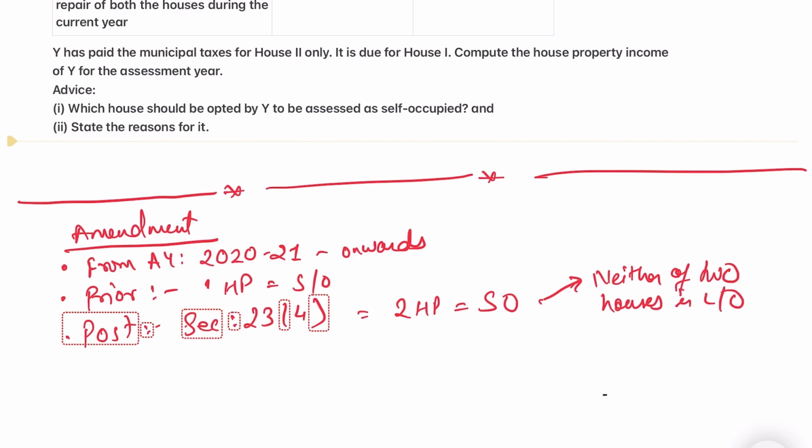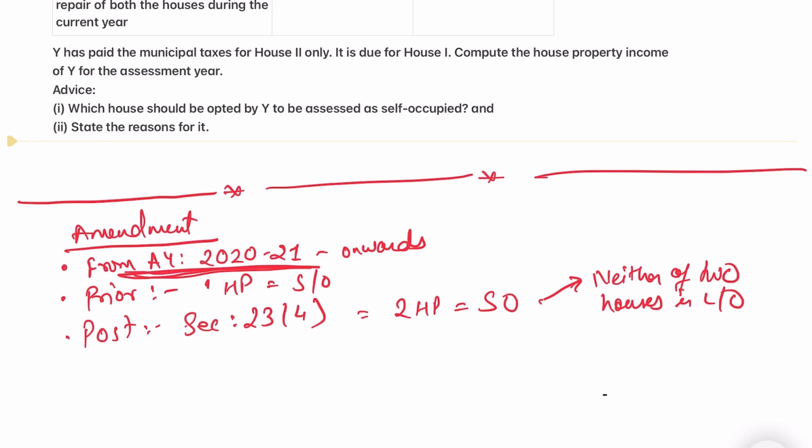That means both houses are completely self-occupied or not let out for any reason. So one can take both the houses as self-occupied property with effect from assessment year 2020-21.